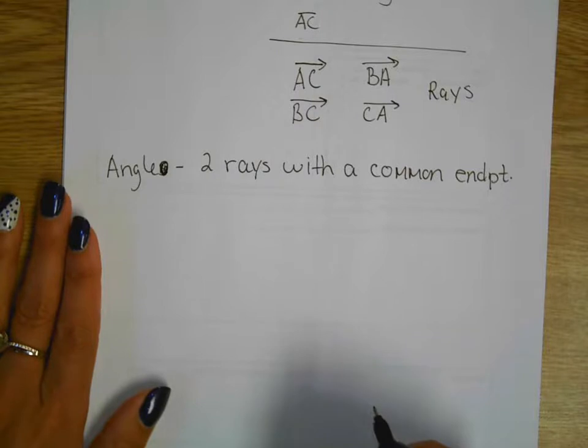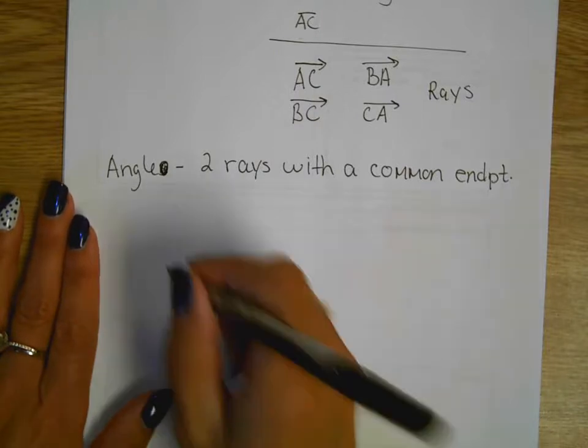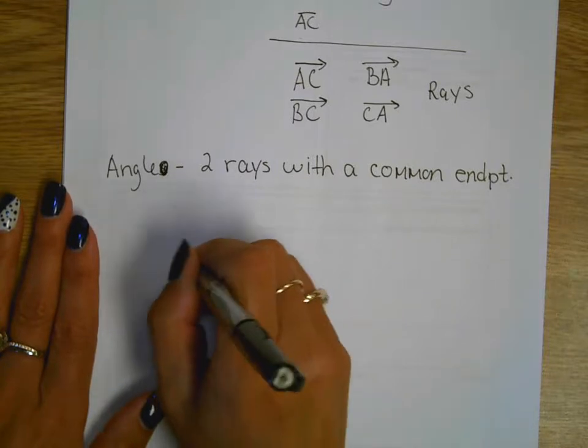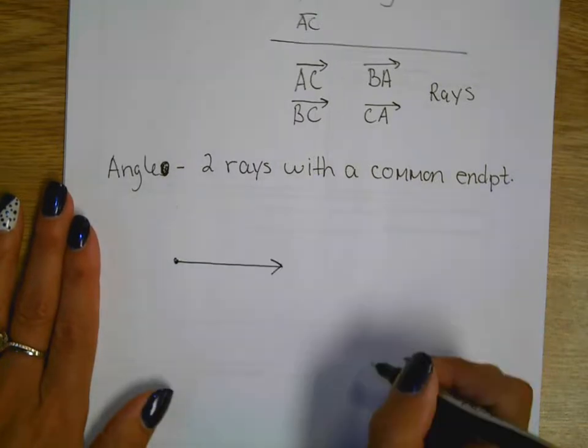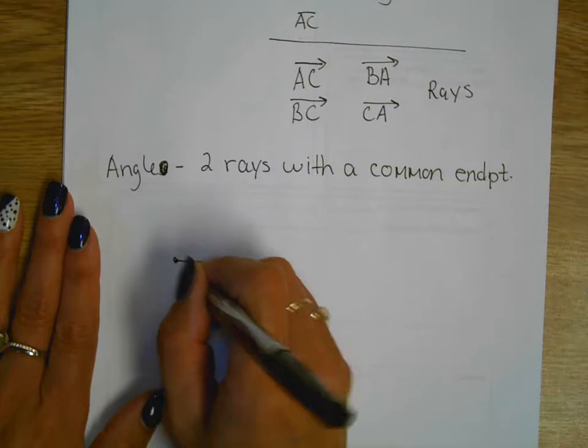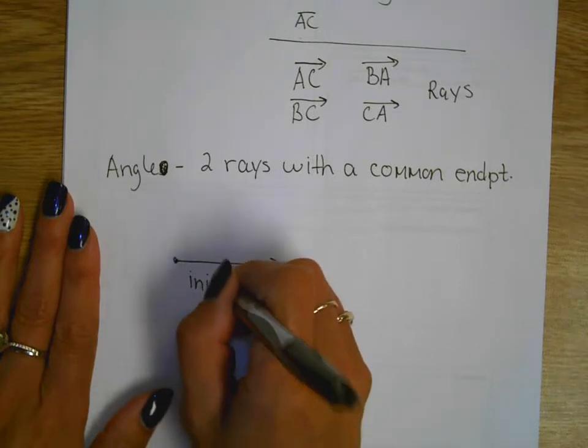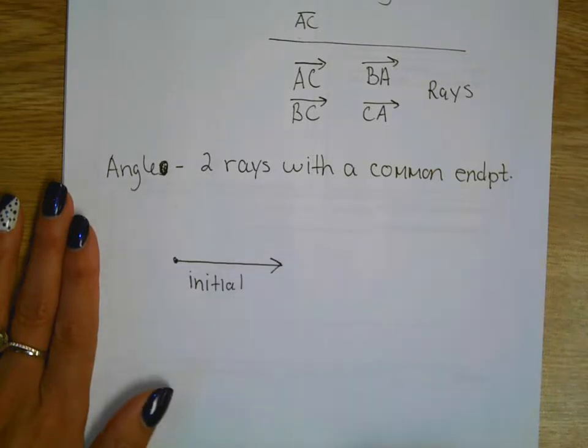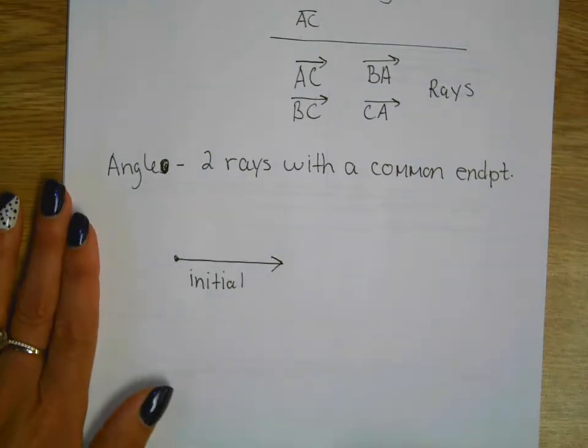Lots of the angles we talk about in trig are going to be made from something turning, rotating around. So the first side, the first ray, we call that the initial side of the angle.